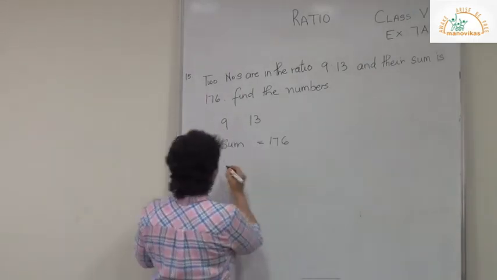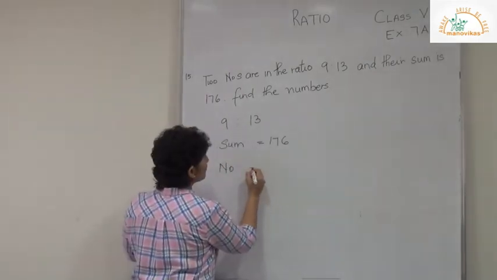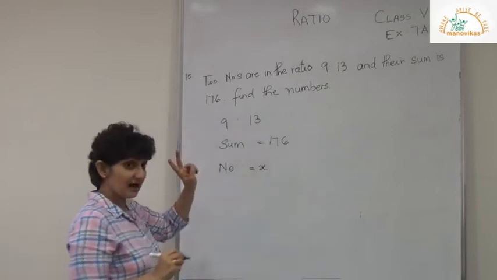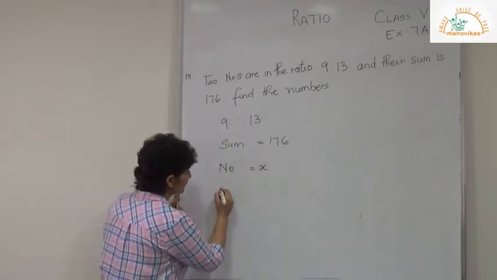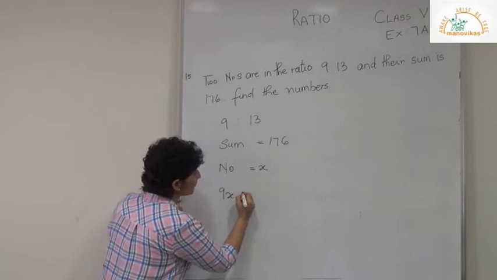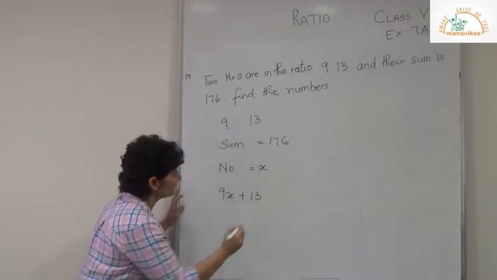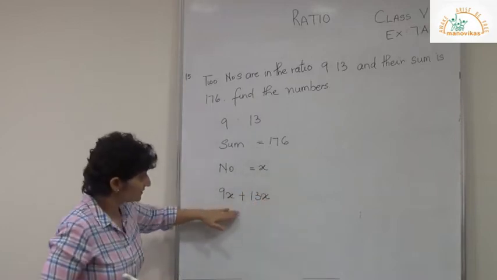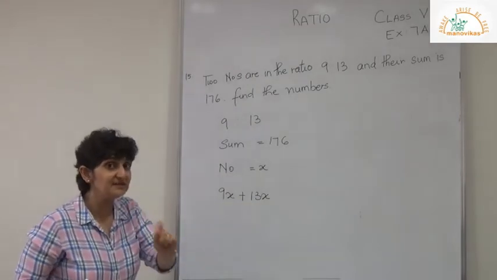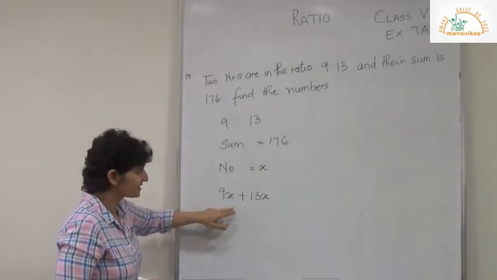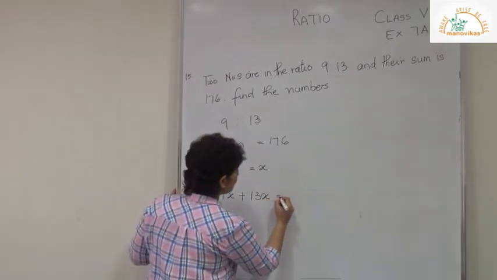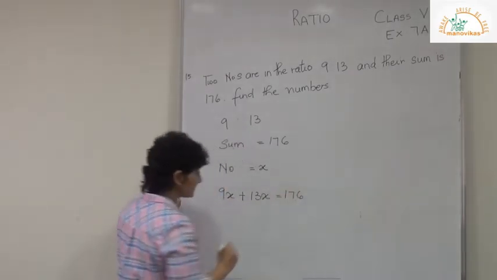Suppose you say let your number be equal to x. I have two numbers, right? So I will say 9x plus 13x, and we are saying that the sum means to add. So we are saying 9x plus 13x is equal to 176.